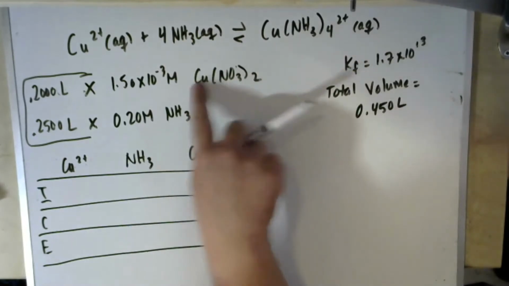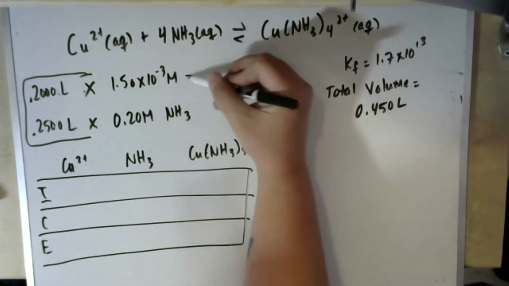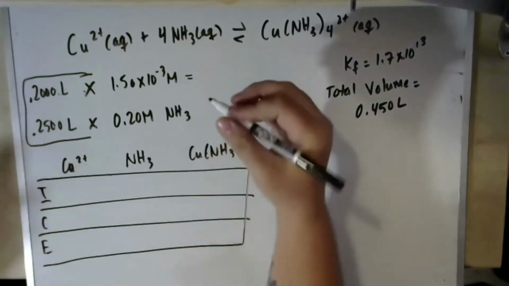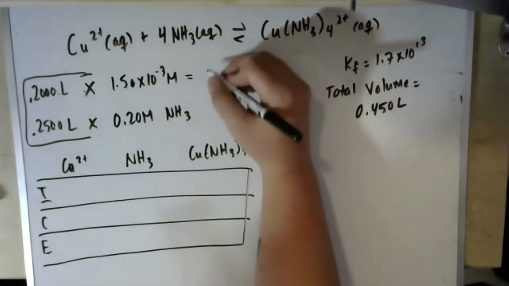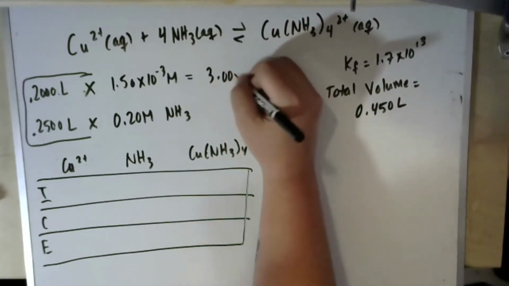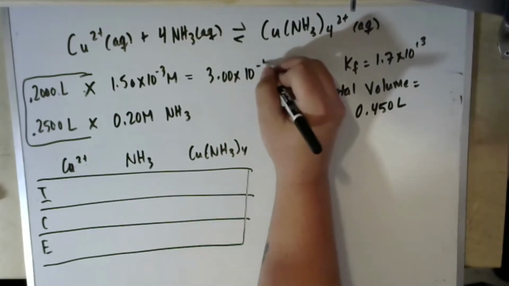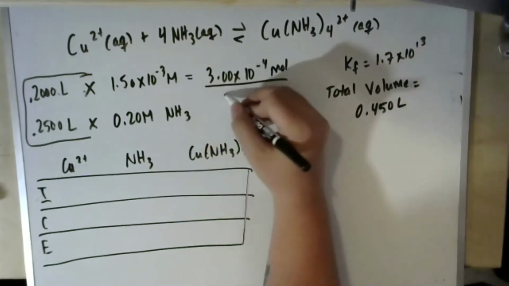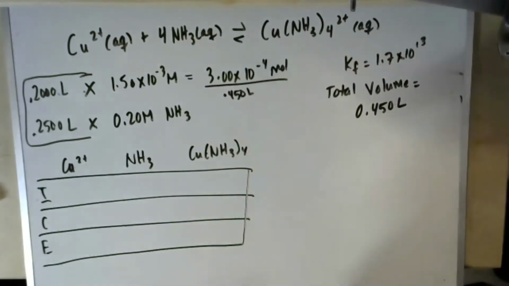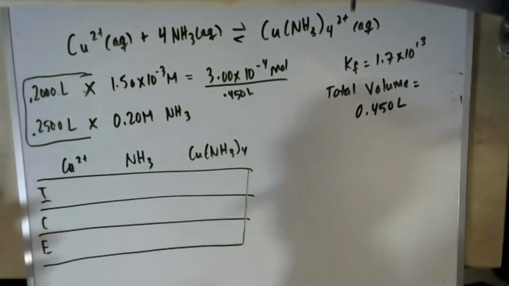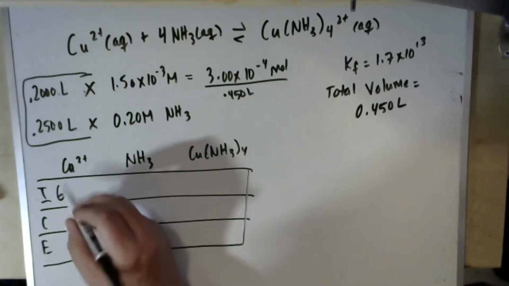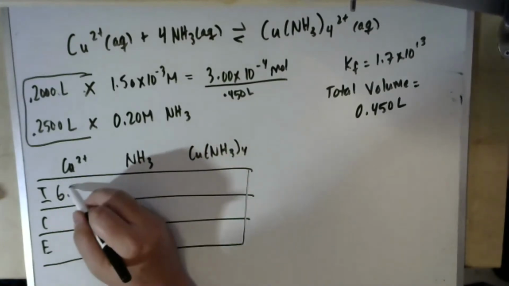Okay, so 0.2 times 1.5 times 10 to the negative 3 is going to be 3 times 10 to the negative 4 moles. And then I'm going to divide that by 0.450 liters. And I get an initial concentration of my copper ion of 6.67 times 10 to the negative 4.